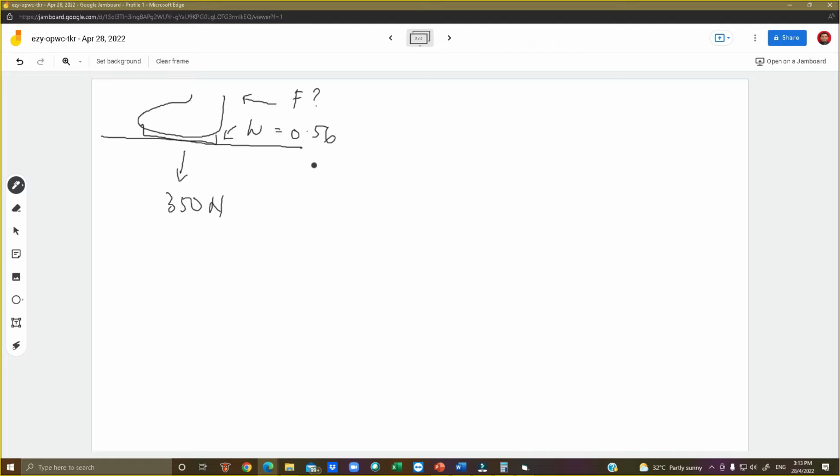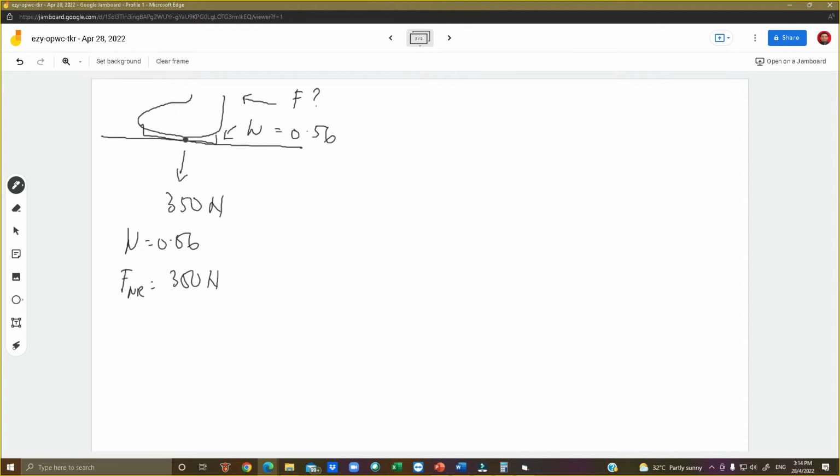Berapakah? Ni senang, simple je ni. Okay, kita ada coefficient of friction and kita ada normal reaction force equals to 350. Maksudnya at any given point of time, the force acted upon the shoe to the floor is 350. So how much force horizontally means we need to actually surpass or overcome the threshold of friction here.